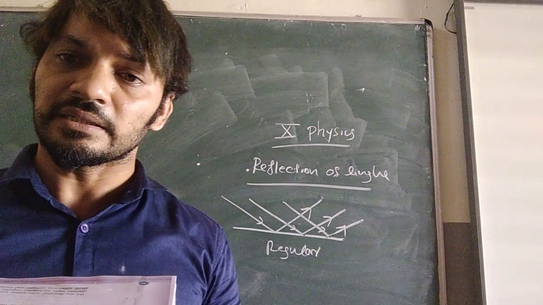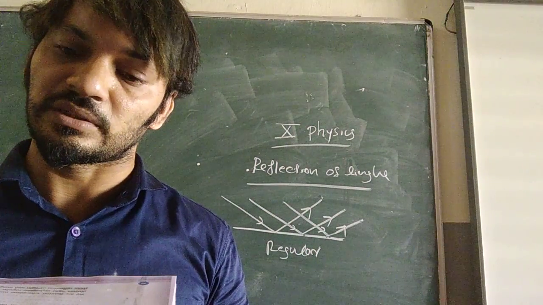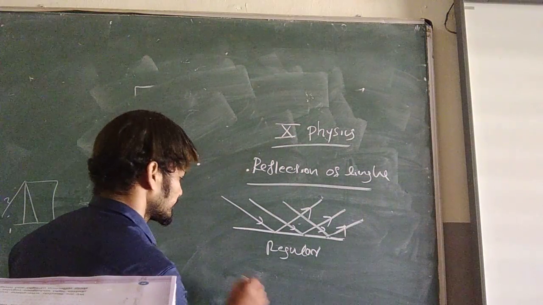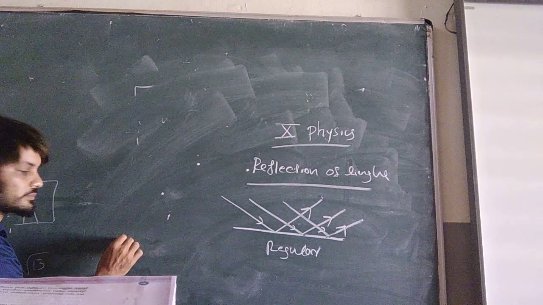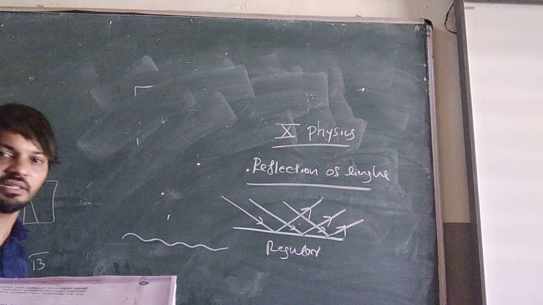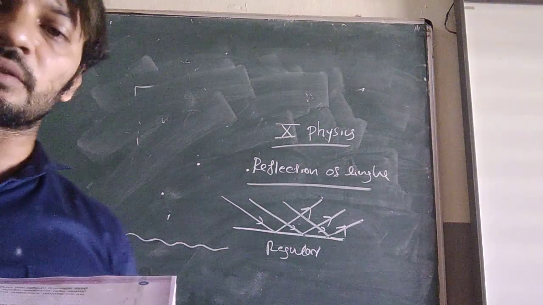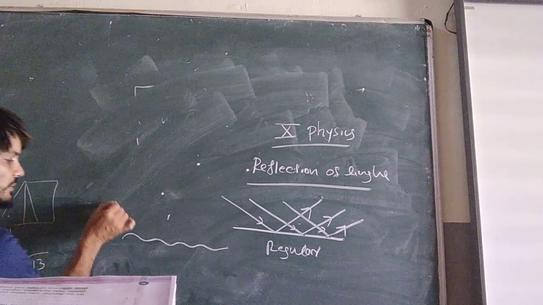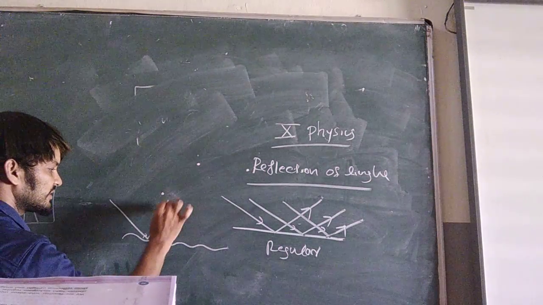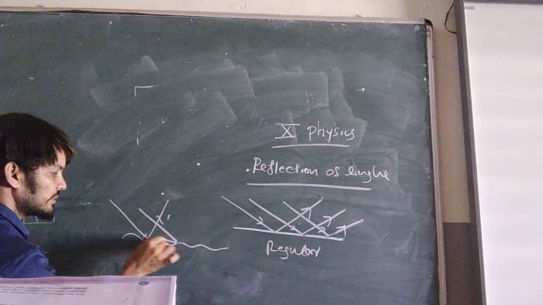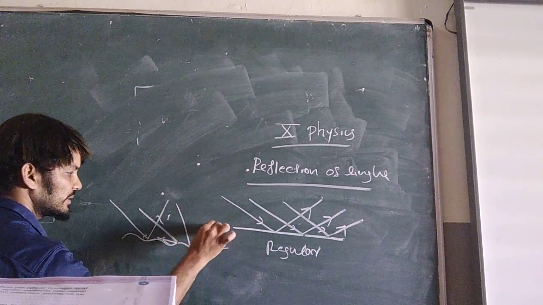If the surface is not smooth, meaning rough, like this, in this case, look: here the ray may move like this, here like this, here like this.